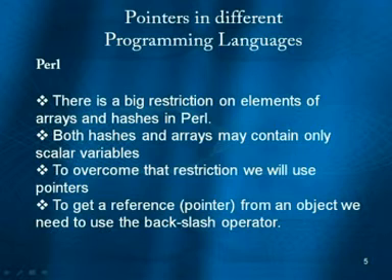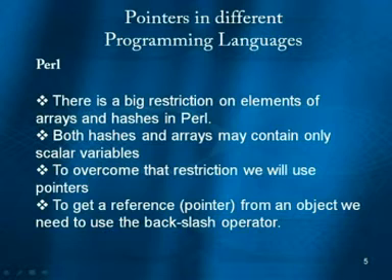Let's now take a look at the comparison of pointers in different programming languages. In Perl, for arrays and hashes, there is a huge restriction. Hashes and arrays may contain only scalar variables. Pointers are used to solve the problem of restriction.